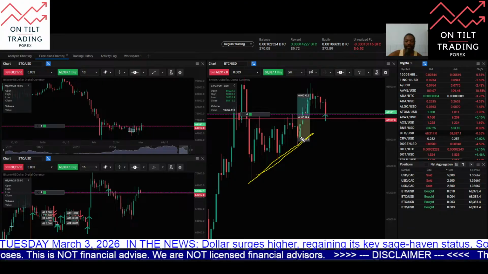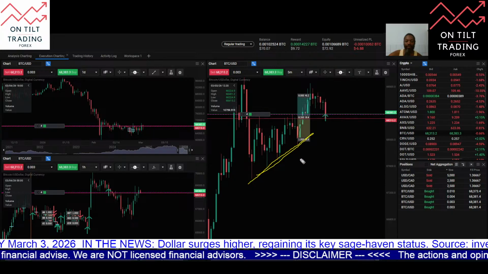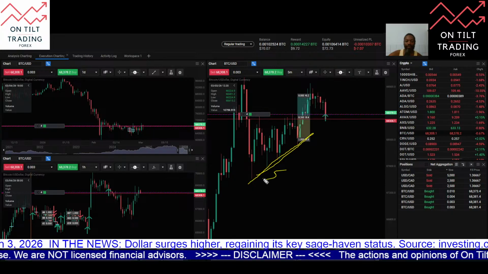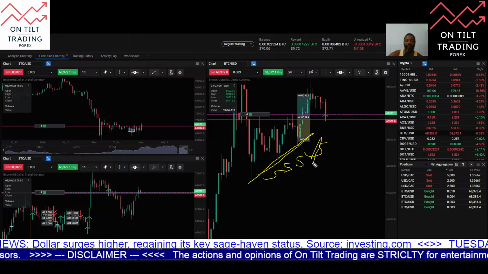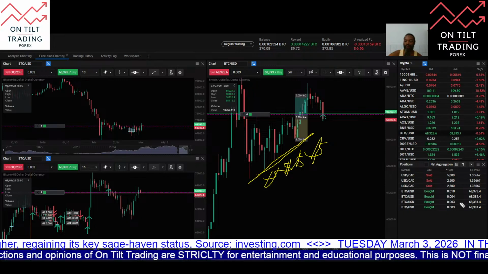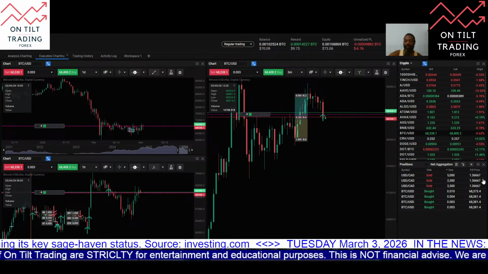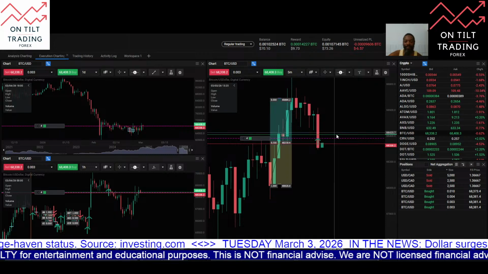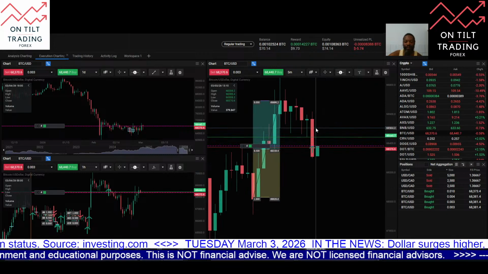So this could very easily get swept out, as there is liquidity all through here. So I would really want to see price return to the buy side very, very quickly.